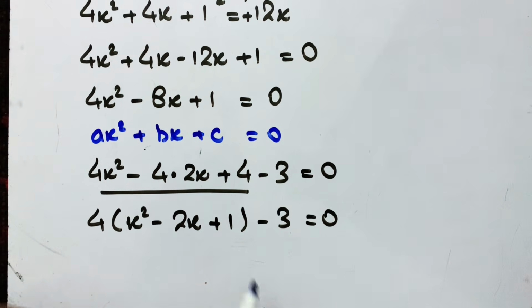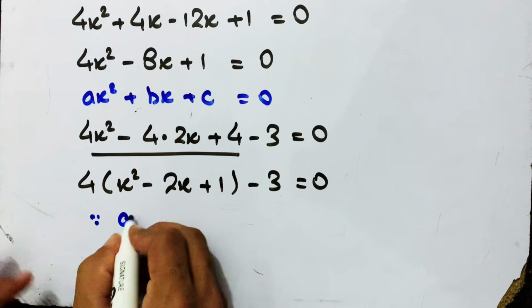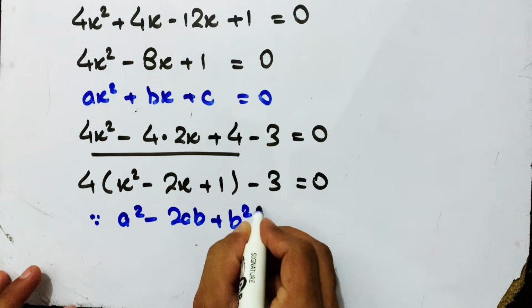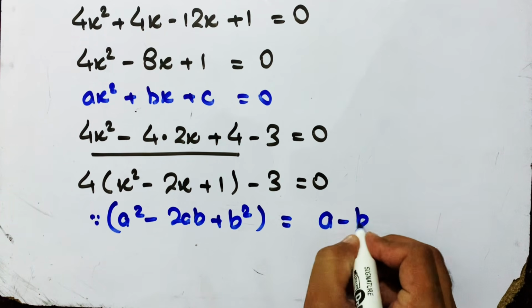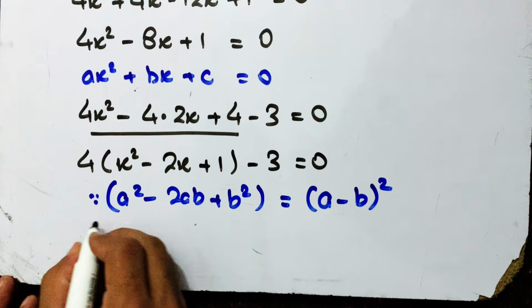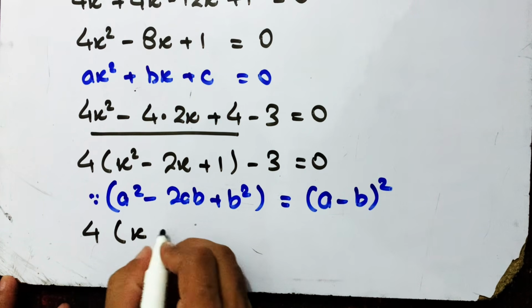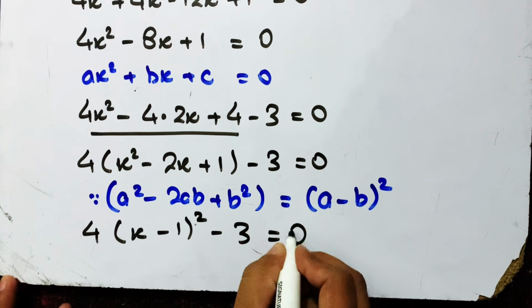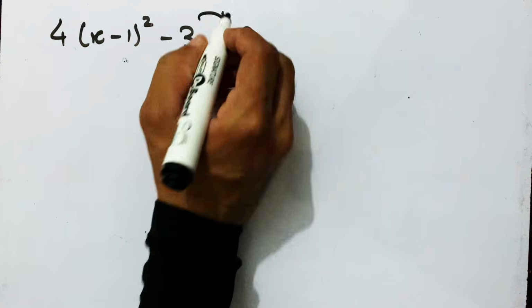This looks like the formula a square minus 2ab plus b square equals (a minus b) whole square. So our remaining equation is 4 times (x minus 1) square minus 3 equals 0. Now this term is negative, so it goes to the opposite side and becomes positive.